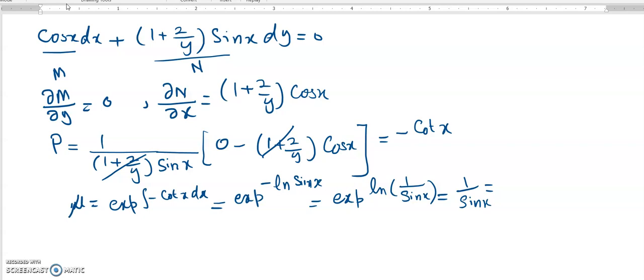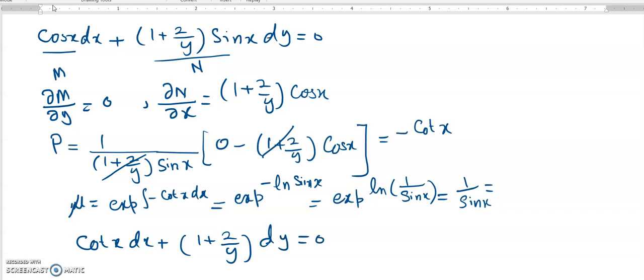We use 1 over sine x as the integrating factor. Our new equation, when we multiply by 1 over sine x, becomes cotangent x dx plus (1 plus 2 over y) dy, since sine x over sine x cancels out.